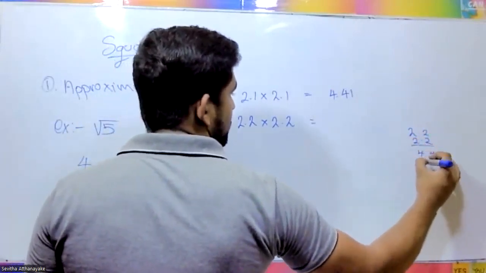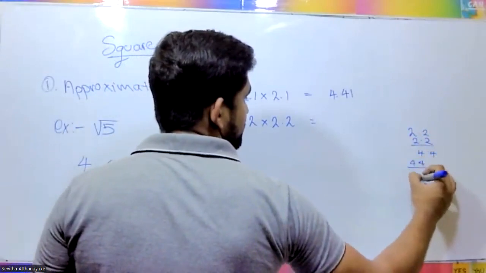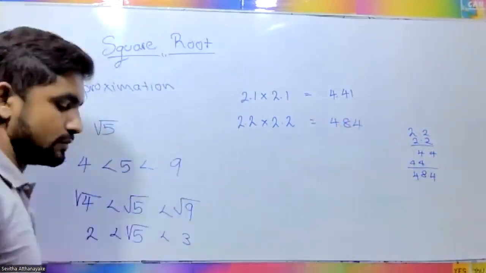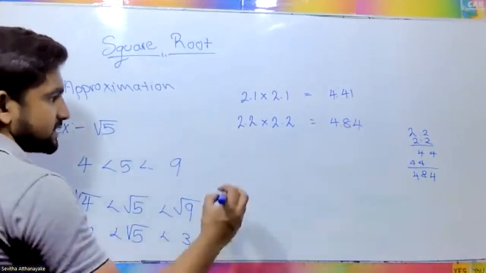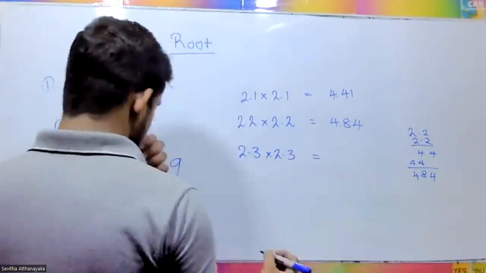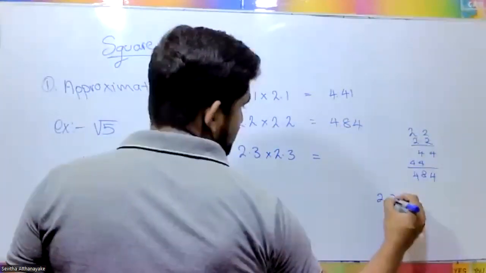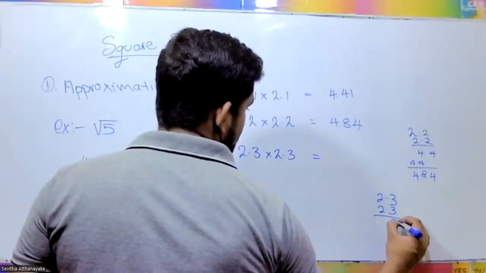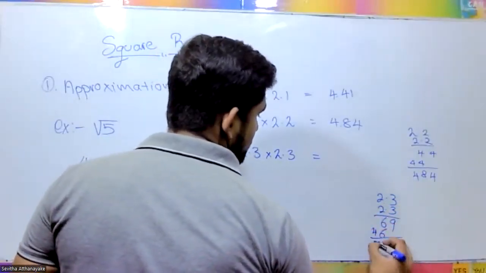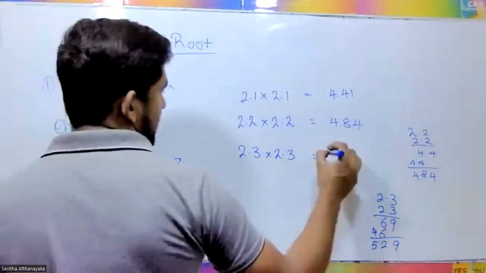4, 4, again 4, again 4. 4.84. Next, 2.3. Then 2.3 times 2.3. 9, 6, 6, 4. 5.29.